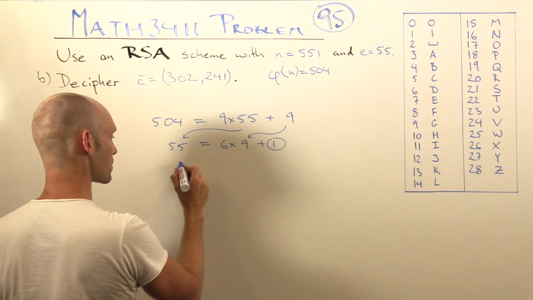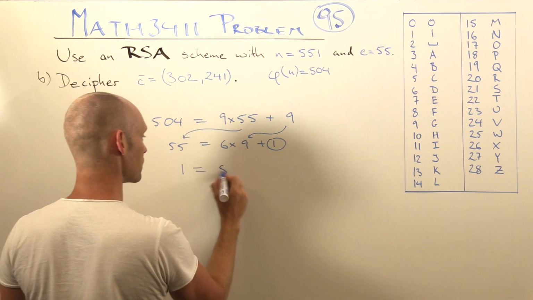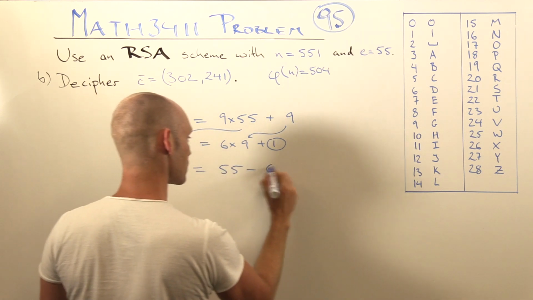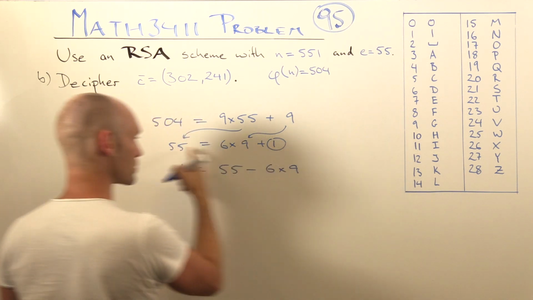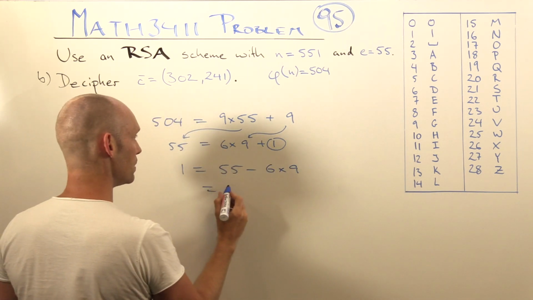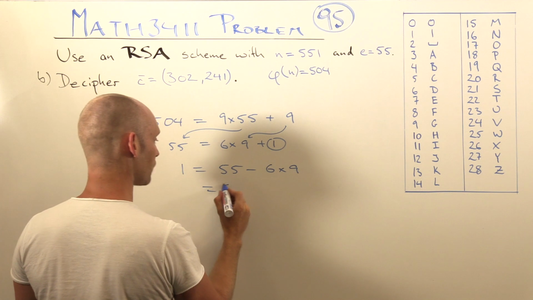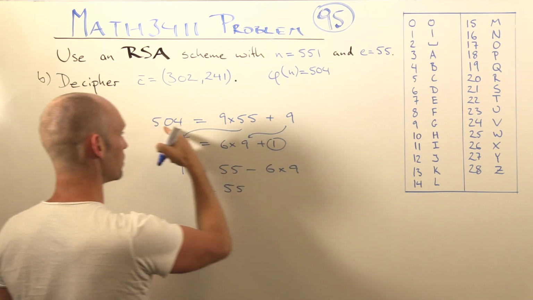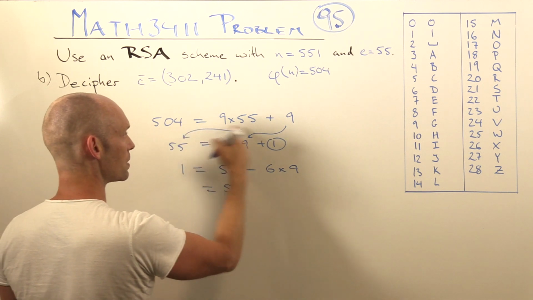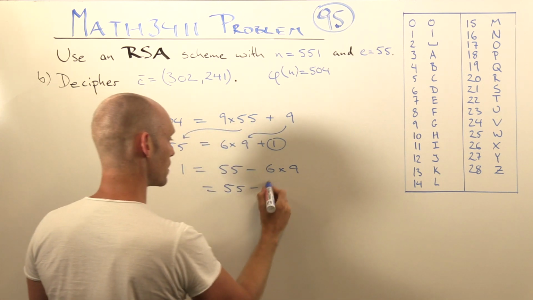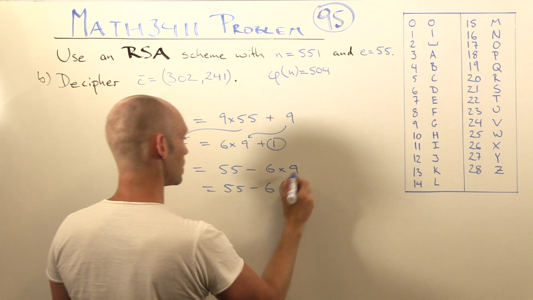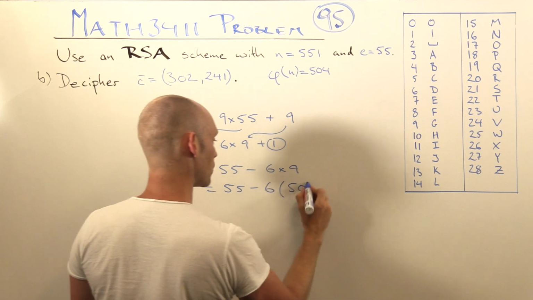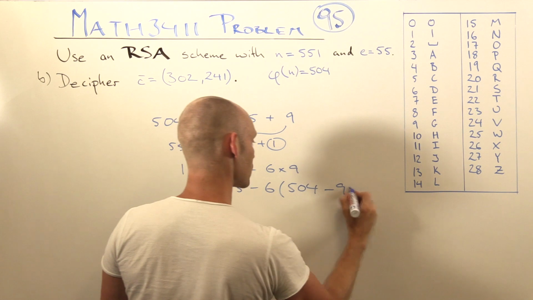But more importantly, let's go backwards. So 1 is equal to 55 minus 6 times 9. That's using the first equation there. And then we can substitute 9 by 504 minus 9 times 55.